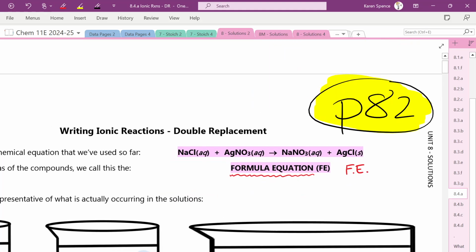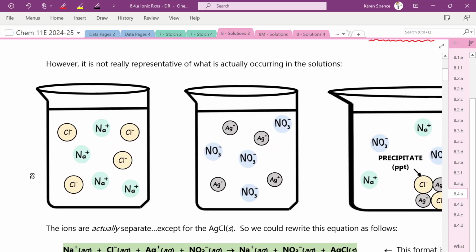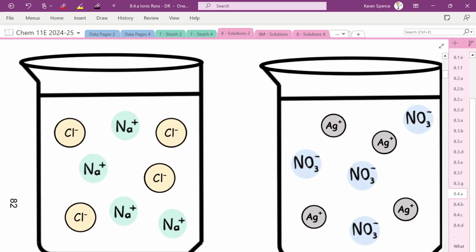Whereas if we actually look at what's happening in the beakers, the Na and the Cl are freely floating ions. In other words, they are dissociated. Just like the Ag and the NO3, they're not actually together. They're not holding hands.